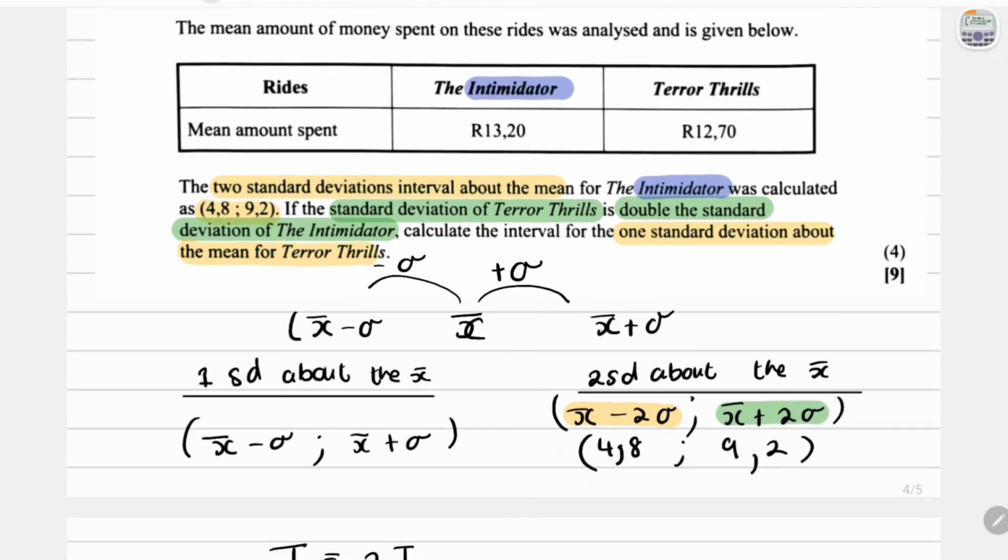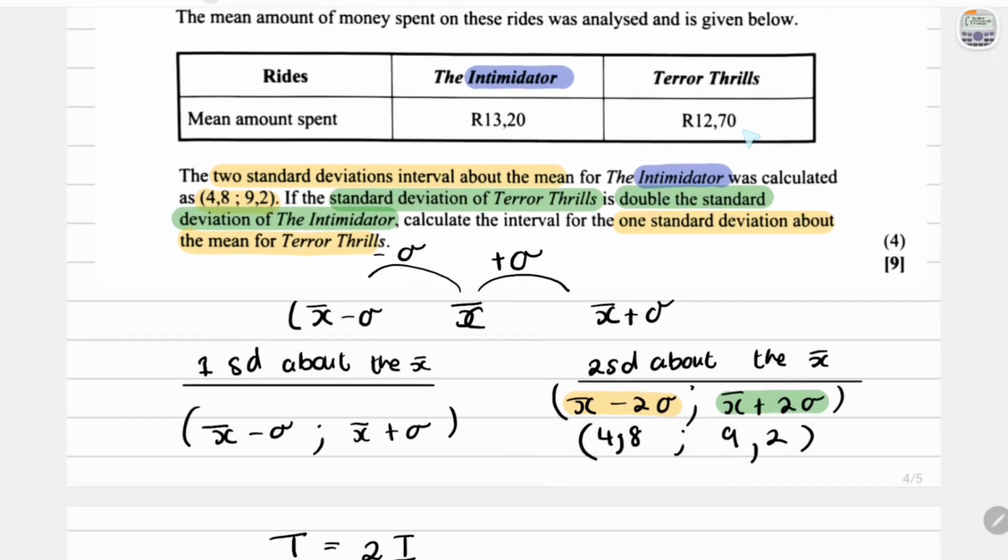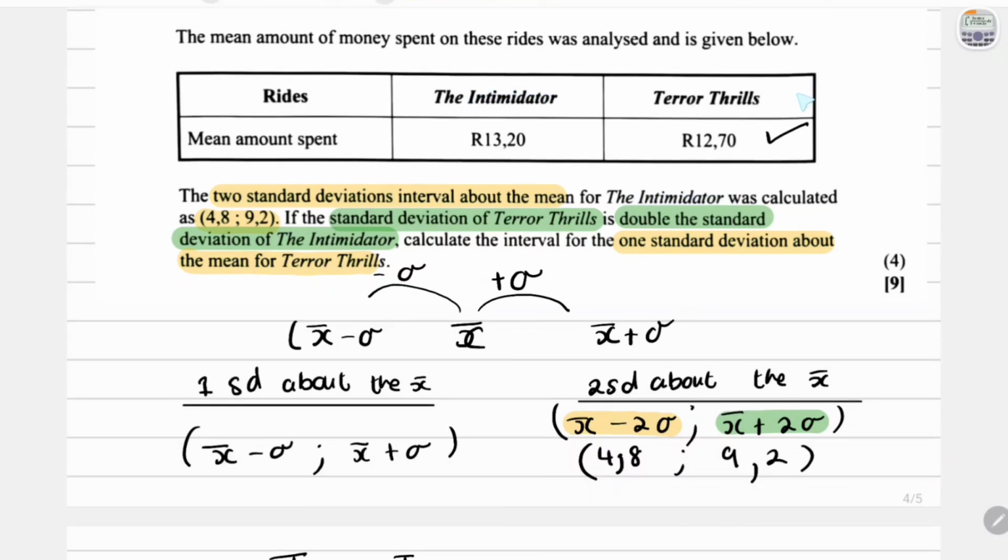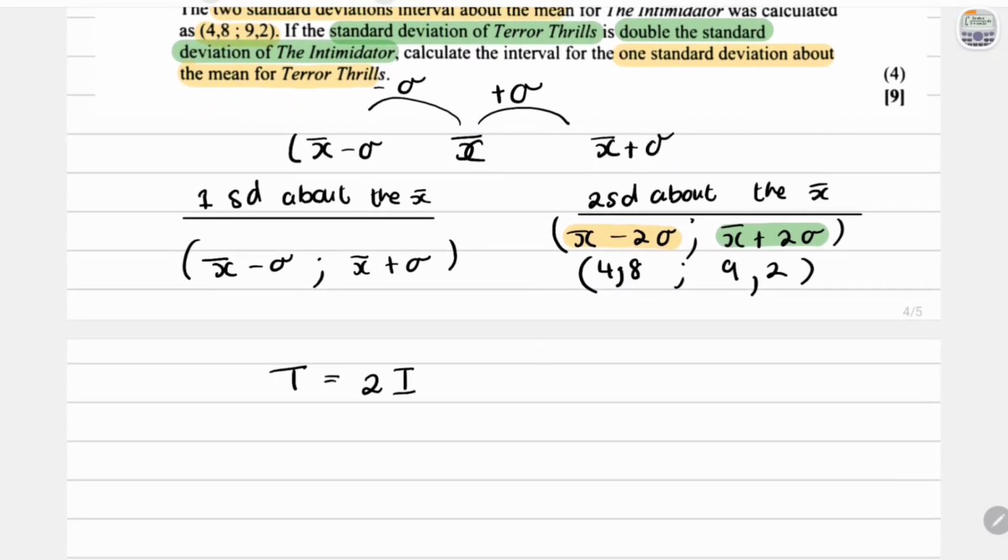So the goal is to find the standard deviation about the mean for Terror Thrills, meaning you have the mean, you only need the standard deviation of the Terror Thrills. That's all we're looking for. Let's go ahead and use what they gave us.